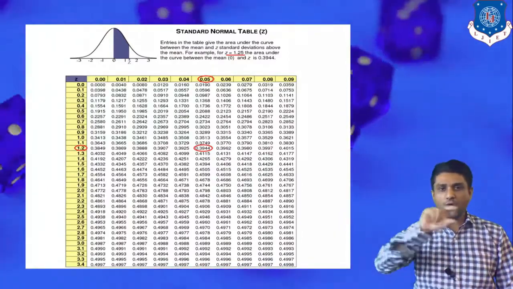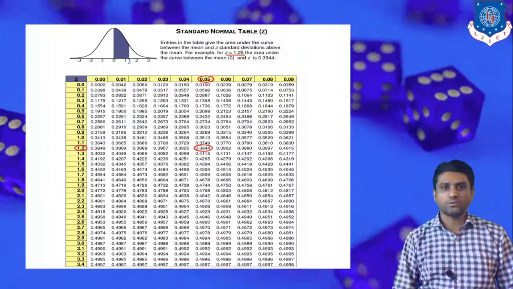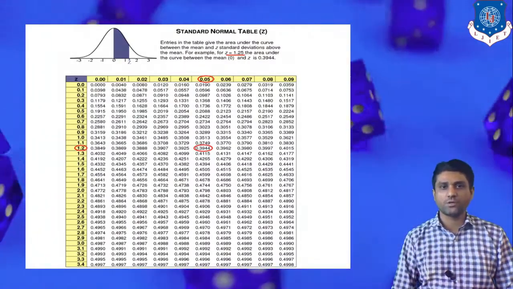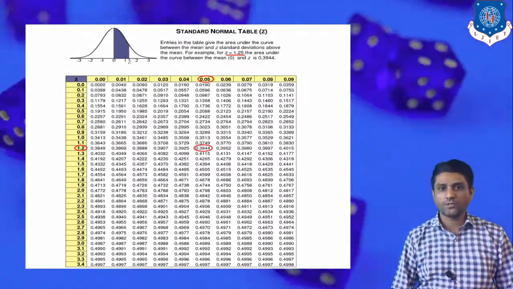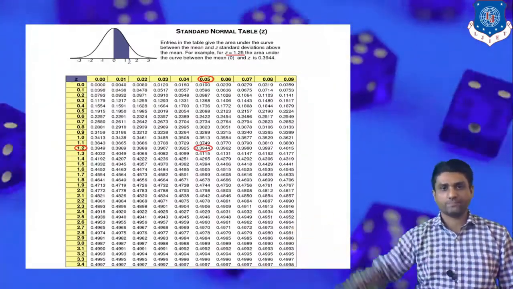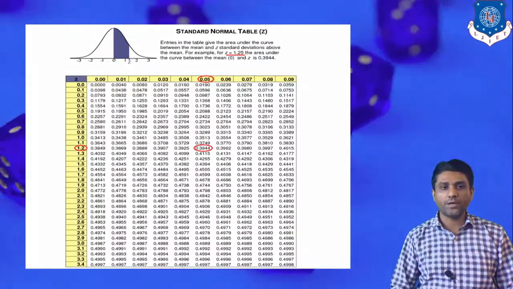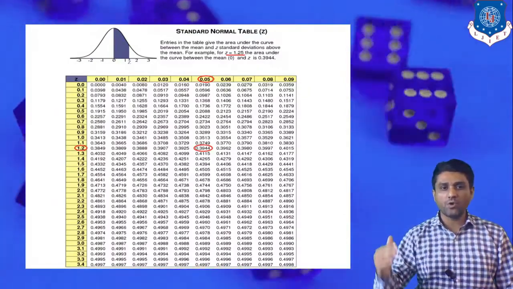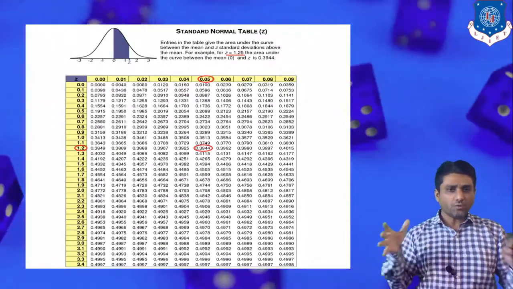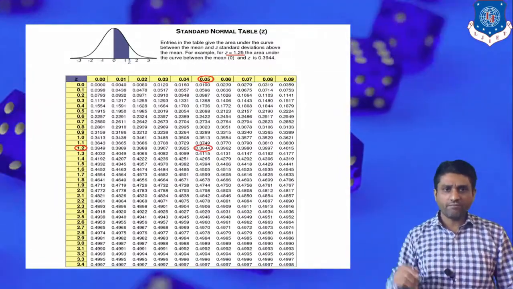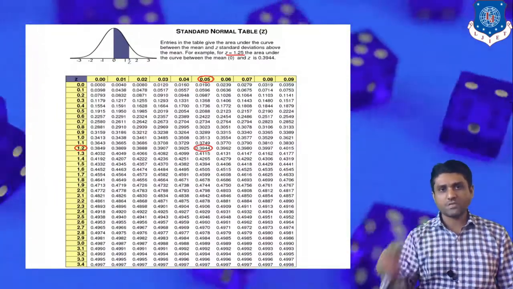See the first row. The first row represents the z values: 0.00, then 0.01, 0.02, 0.03 and so on up to 0.09. The first column corresponds to 0.0, 0.1, 0.2, 0.3 and so on, 1.1, 1.2, up to 3.4. They prepared this table, and we are interested in the probability when z is 1.25.